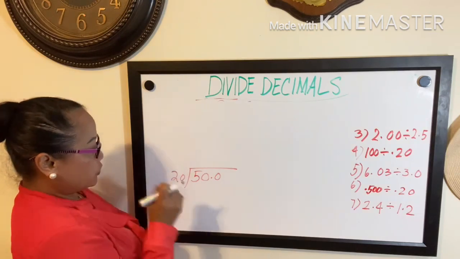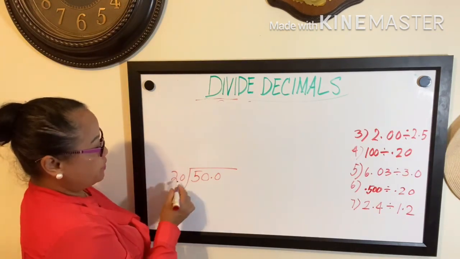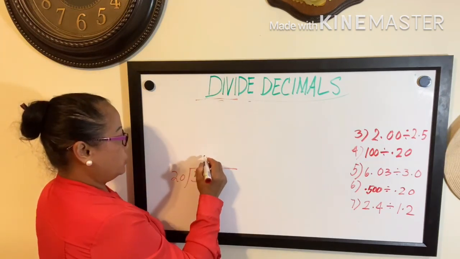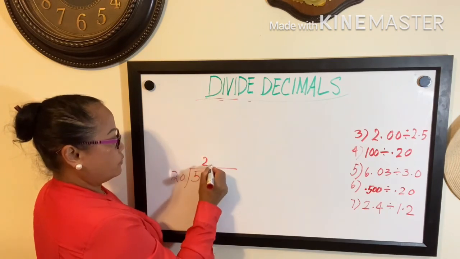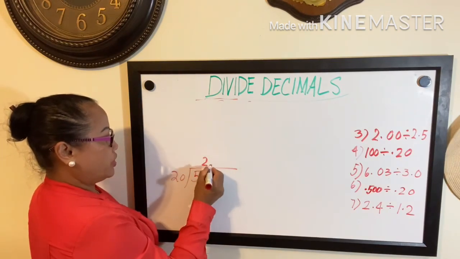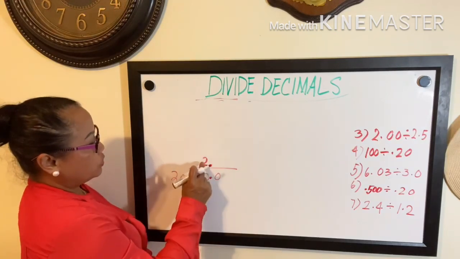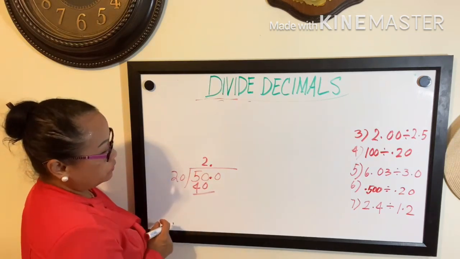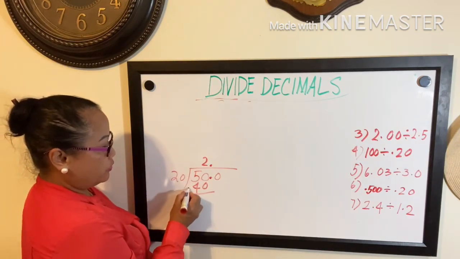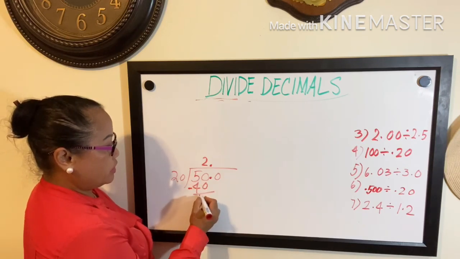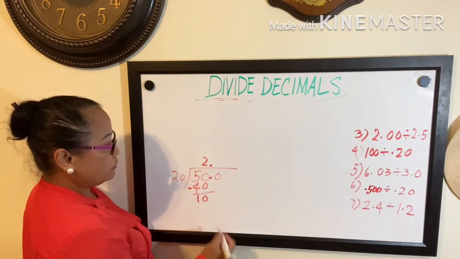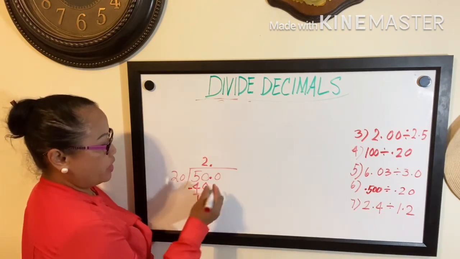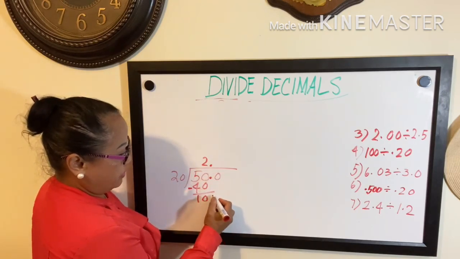Okay. So how many 20s go into 50? There are 2. We have to make sure the decimal is straight. 2 times 20 is 40. So we have to subtract now. 50 minus 40 is 10. Now we cannot divide 10 by 20, so we have to add 0.